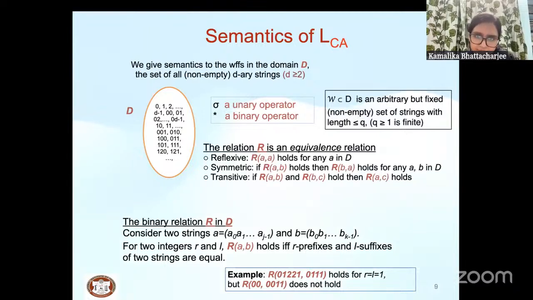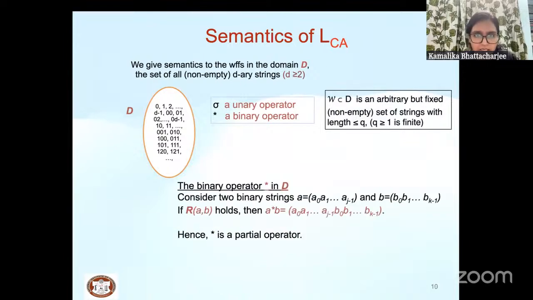We can show that this relation is an equivalence relation. It is going to be reflexive, symmetric, and transitive. And now using this relation, we define our binary operator. Our binary operator is defined over two strings, say A and B. If R of AB holds, then A star B we can write as the concatenation of these two strings.